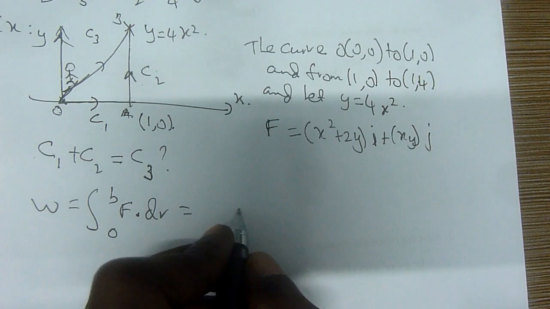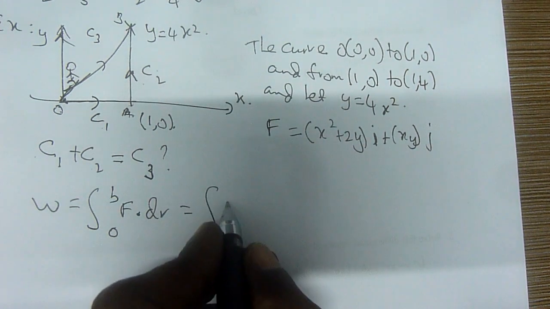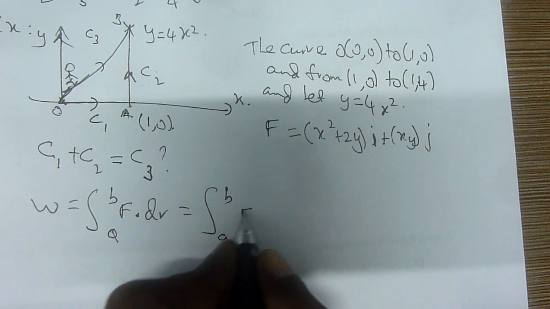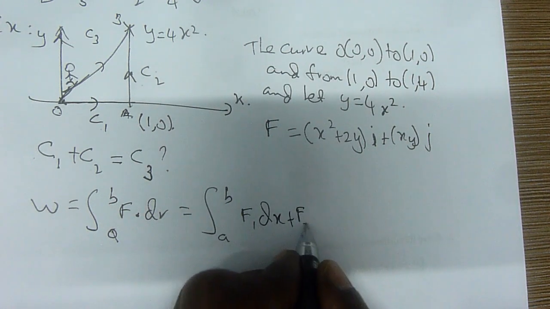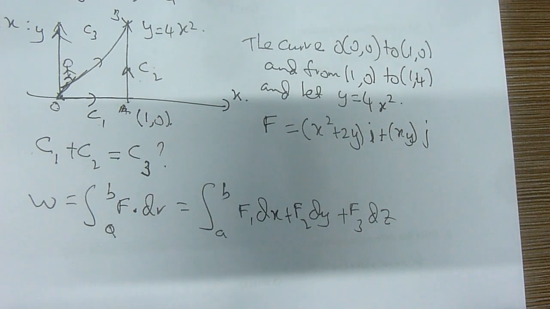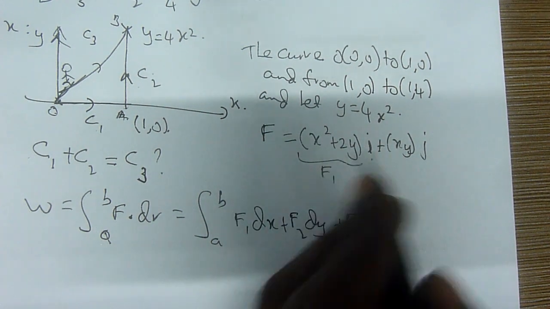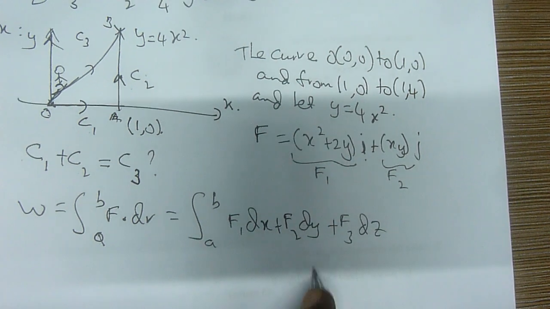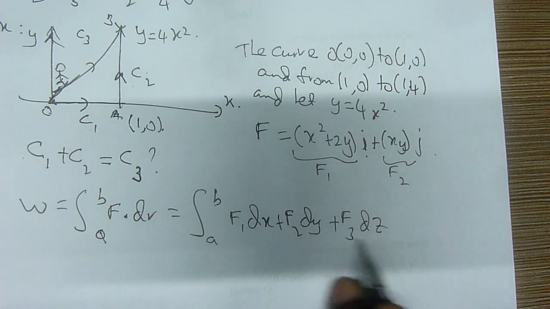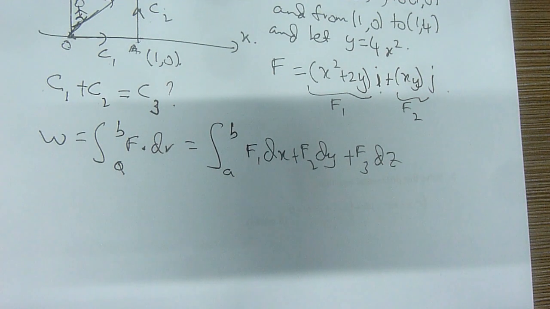You need to use the formula, what I call F dot dr, whereby we go back to F1 dx, F2 dy, F3 dz. It's very obvious from here. We know F1 is there for the dx, F2 is there for the dy, but there is no dz. That means this one will disappear, right? Therefore, let us start our calculation step by step.